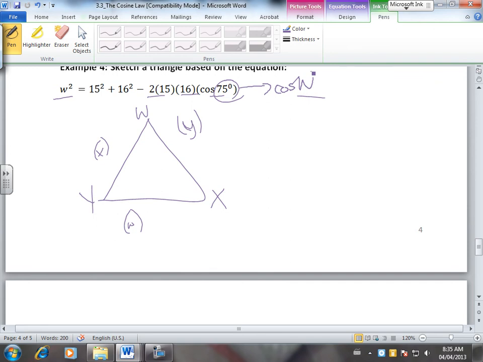So here I can put 75 degrees, and that's w, and we don't know this one. That's what we were looking for. And then x, again, just to go in order, so x would be 15, y would be 16. So this will be 15, and here is 16. And there you go. That's how you draw a triangle based on cosine law.